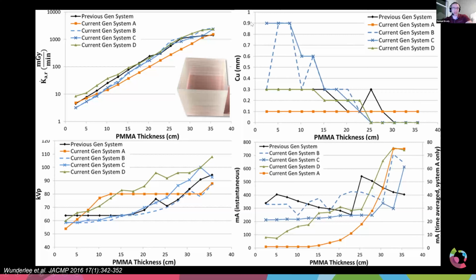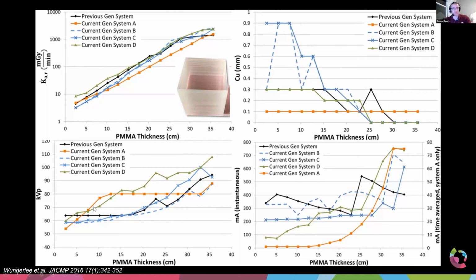They're using 0.9 millimeters of copper. So great dose reduction for the patient, lower spatial resolution potential for this patient. Because they have such thick filters initially, they do not have to aggressively change the kV at first.